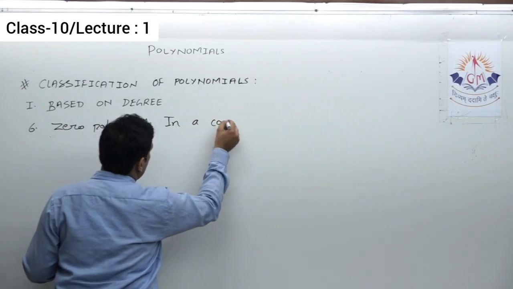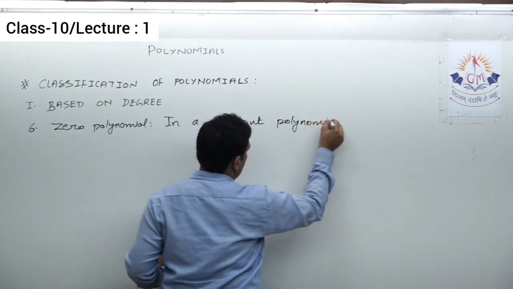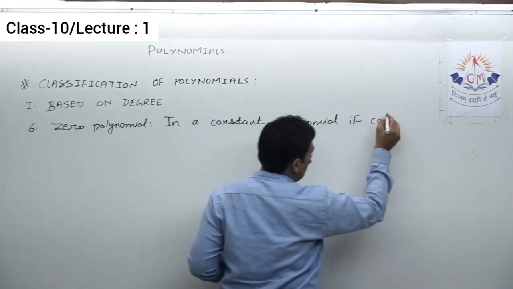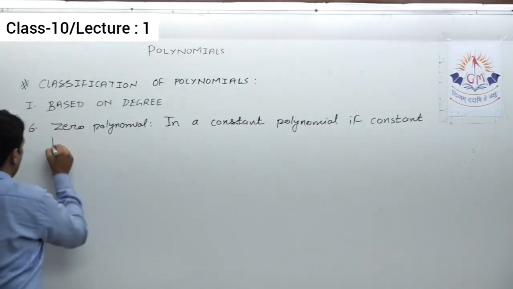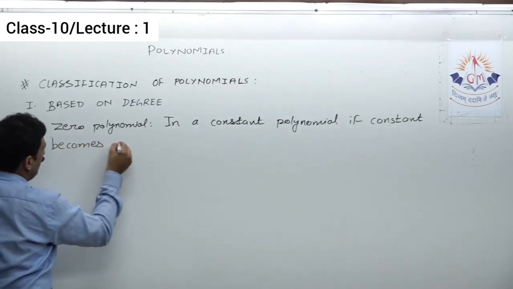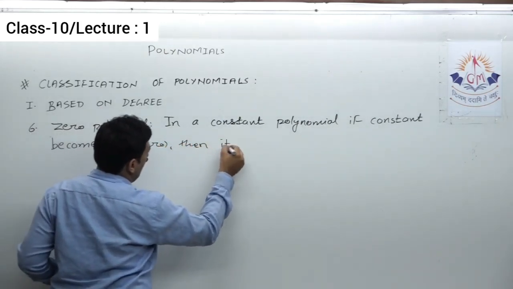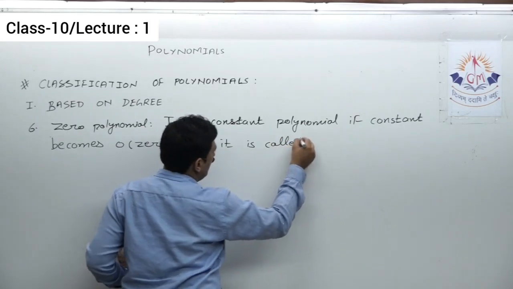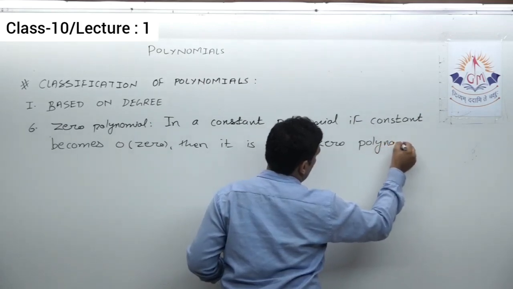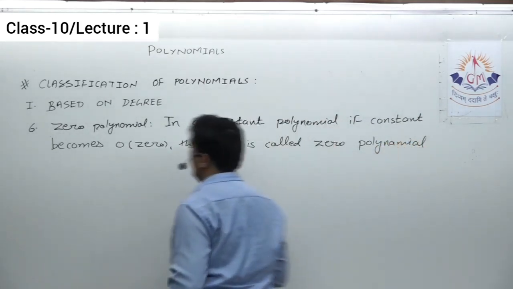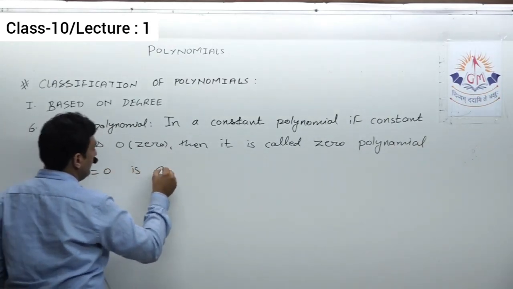In a constant polynomial, if the constant becomes 0, then it is called zero polynomial. So p(x) = 0 is a zero polynomial.